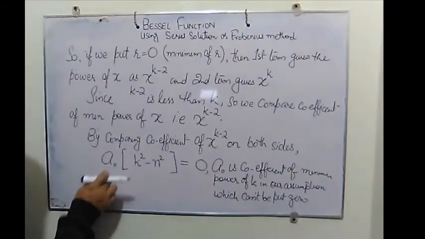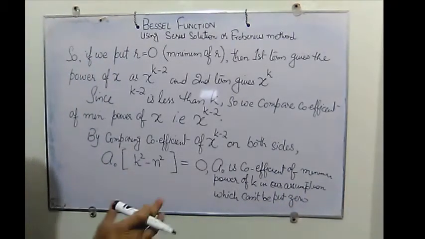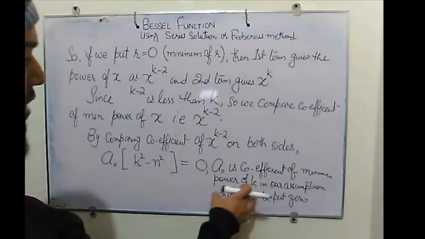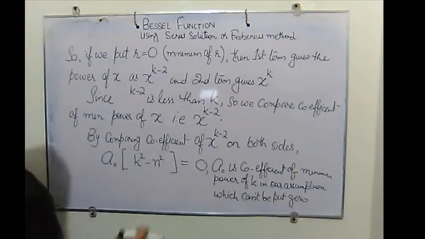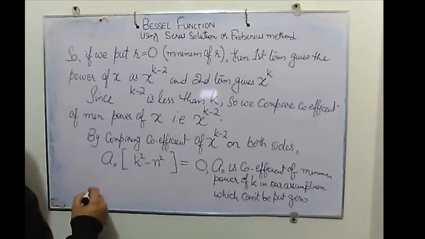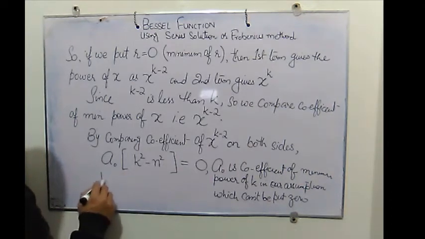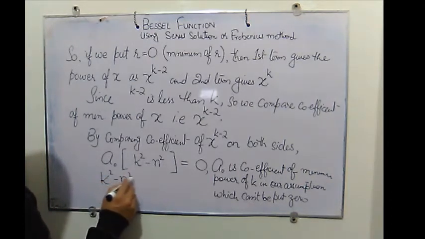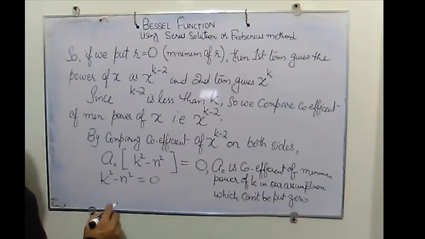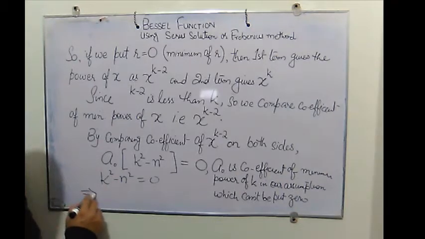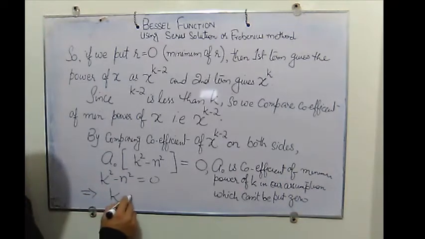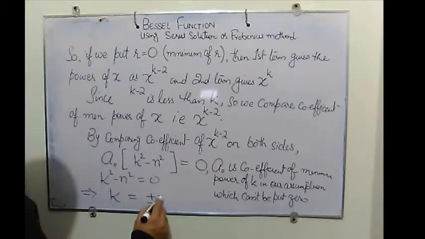because this a naught is the coefficient of the minimum power of x in our assumption. So that's why we take k square minus n square is equal to 0, and this gives us the value of k as plus minus n.